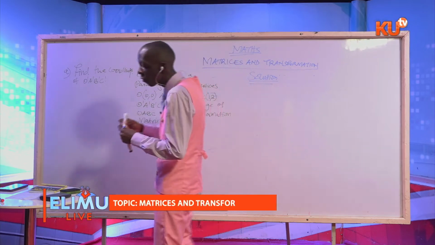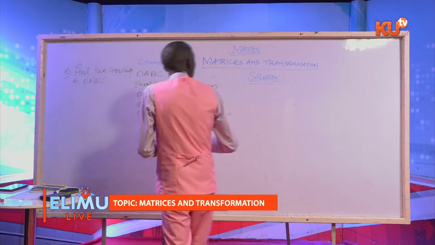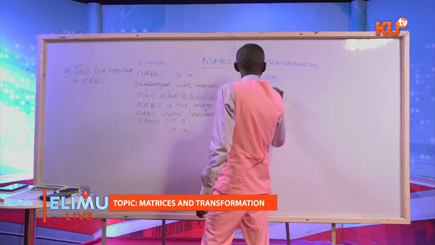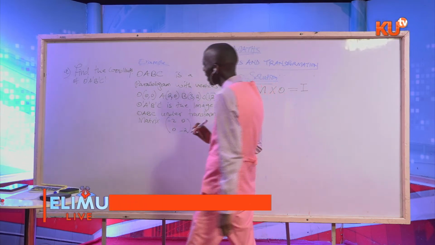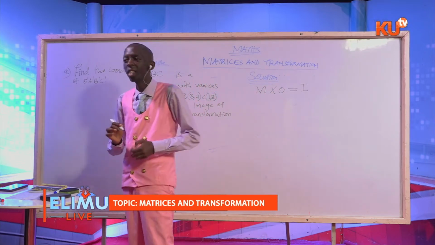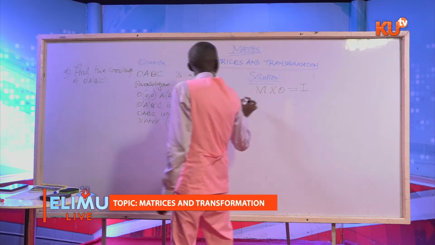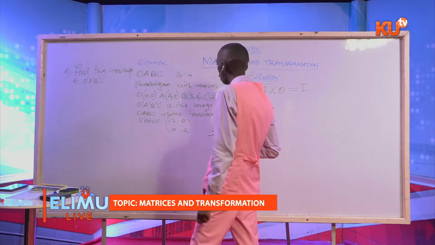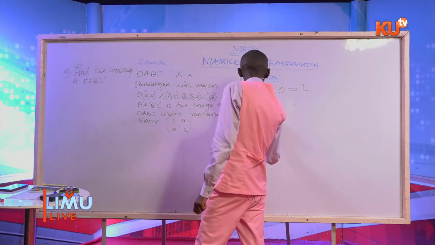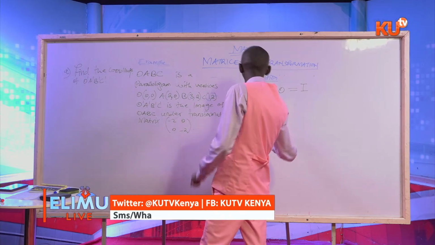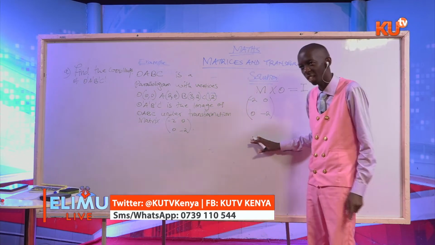In our formulas, we say that matrix times the object is equal to the image. Our matrix in our question is -2 0 0 -2. That is our matrix, my dear students.